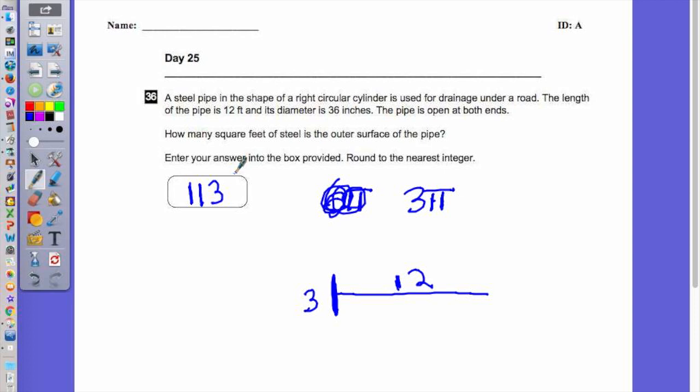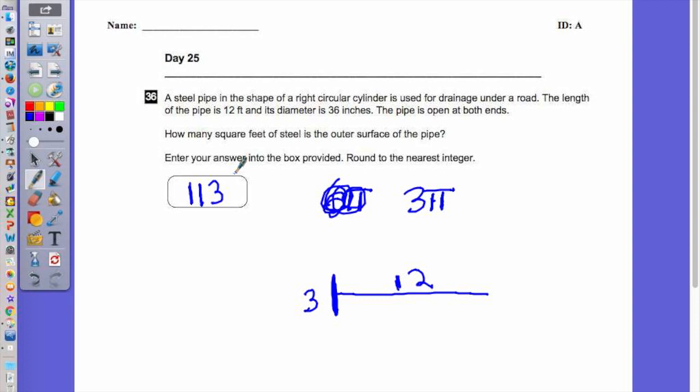Wait, I don't understand this. Okay. This is my pipe, right? It's 3 feet long, right? If I rolled this up, I really want it to roll. It should look like this. That would be 12. If I roll it up like this, right?